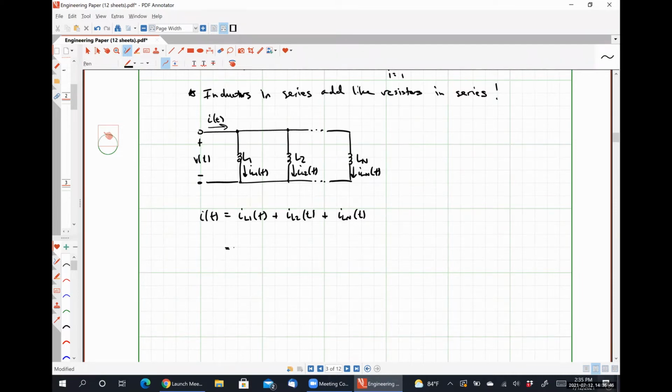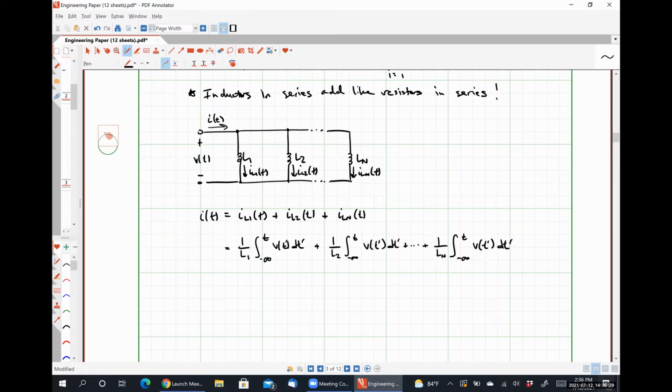which is the same as 1 over L1 times the integral from negative infinity to t of V of t prime dt prime, plus 1 over L2 times the integral from negative infinity to t of V of t prime dt prime, all the way out to 1 over Ln times the integral from negative infinity to t of V of t prime dt prime.